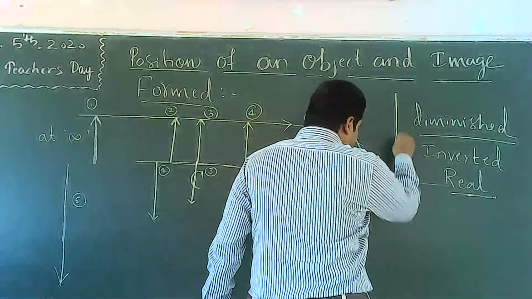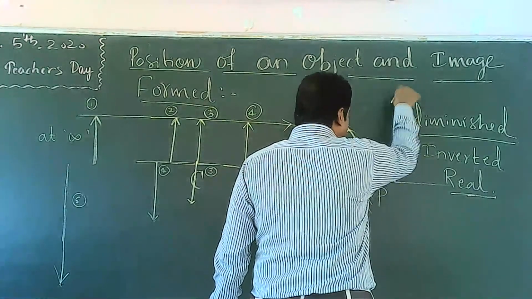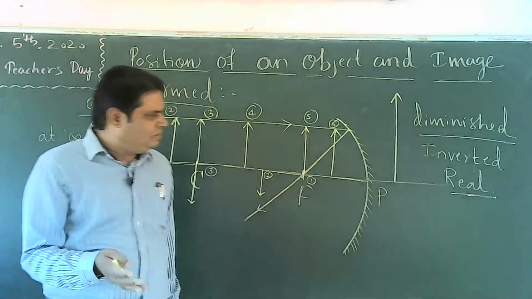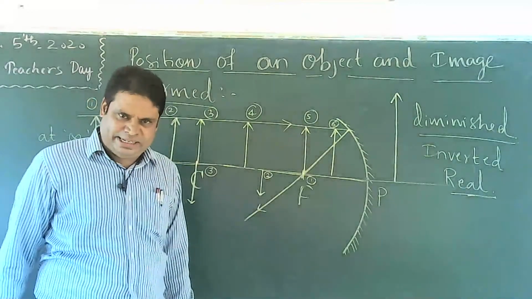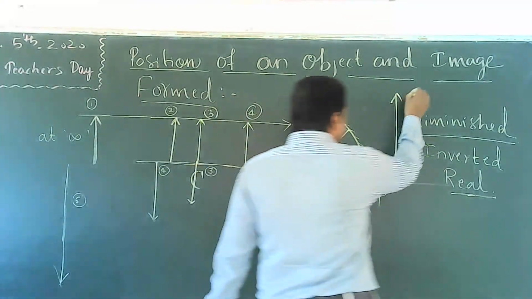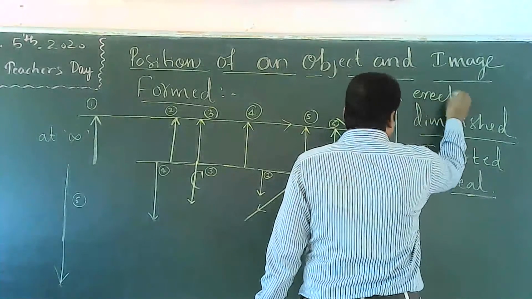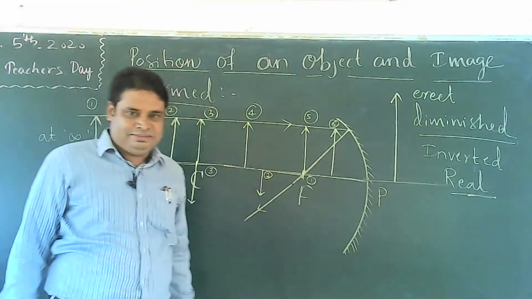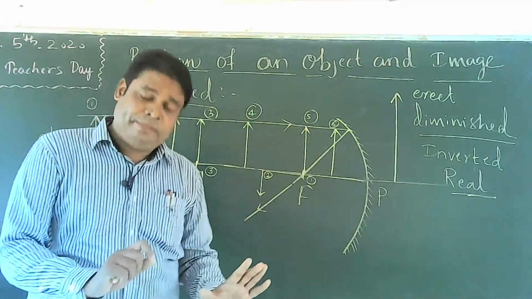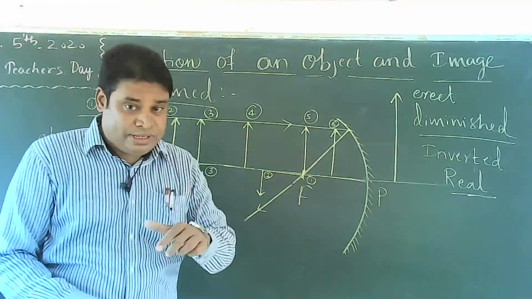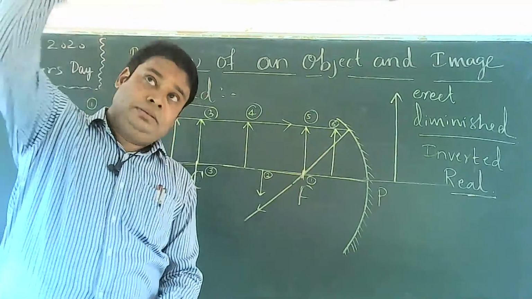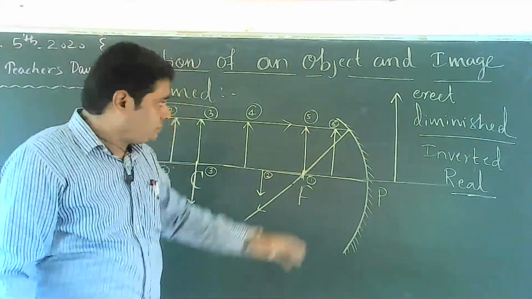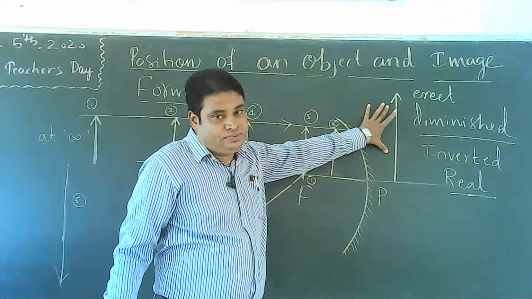The image is virtual, erect. It is not inverted. The image is formed inside the mirror only. It does not turn upside down; it is straight, erect, enlarged.